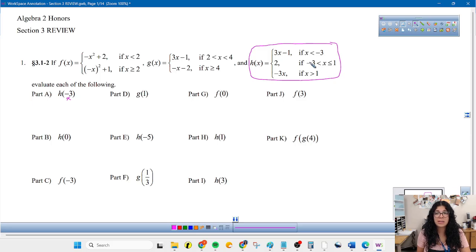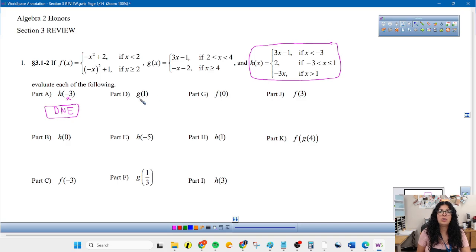So that doesn't fit there either. And I'm using the third one when x is greater than 1. Negative 3 is not greater than 1 either. So negative 3 is just not a part of the domain for h of x. So this would be does not exist, because there is no point on h where I will use the x value of negative 3.